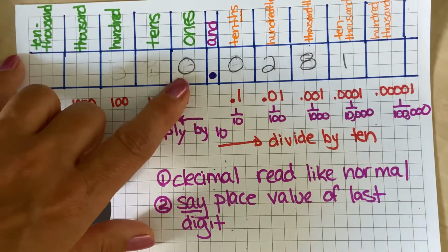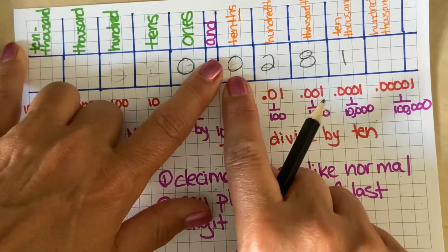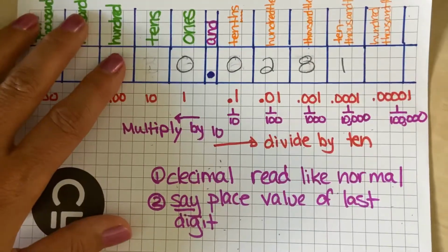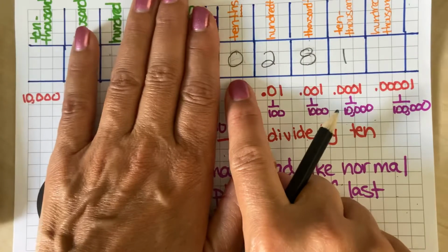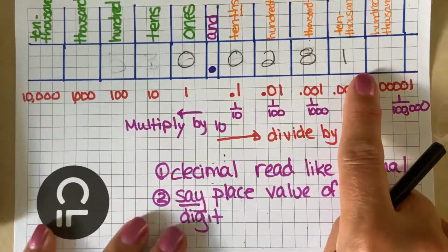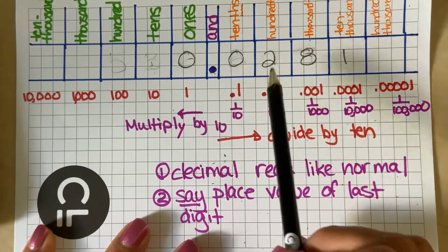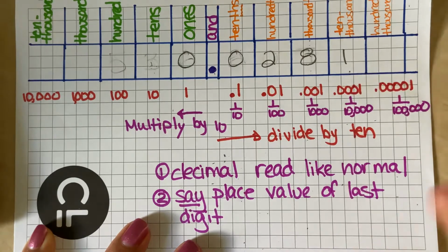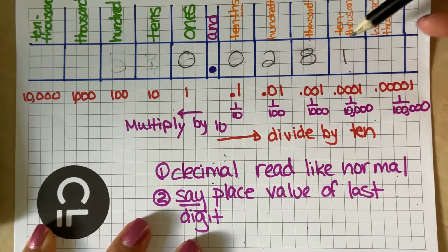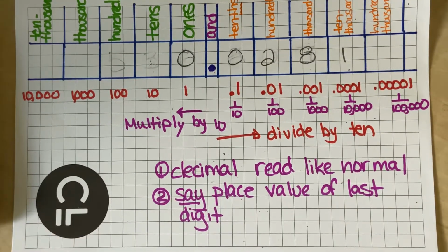This 0 counts a whole bunch for place value, but as far as what I'm saying with the number, it's not going to count, because if I gave you this number, you would read that as 281. So this would be 0 and 281, the last digit in the 10,000s, so it would be 0 and 281 10,000ths, okay? So they're really easy to say once you know it.